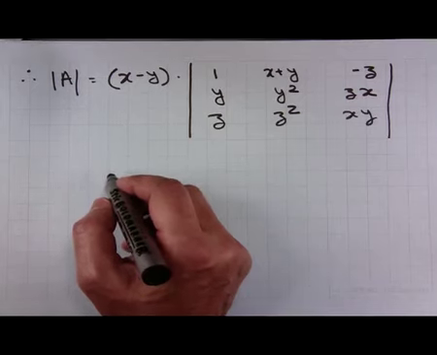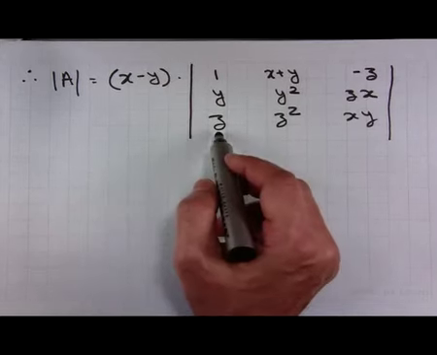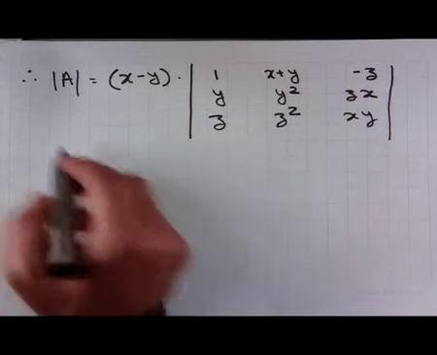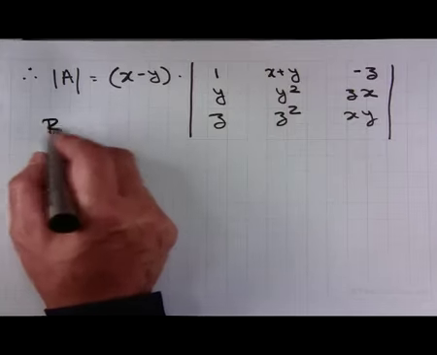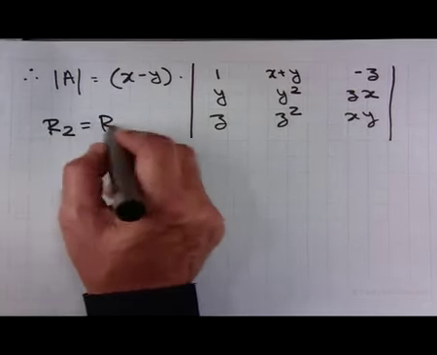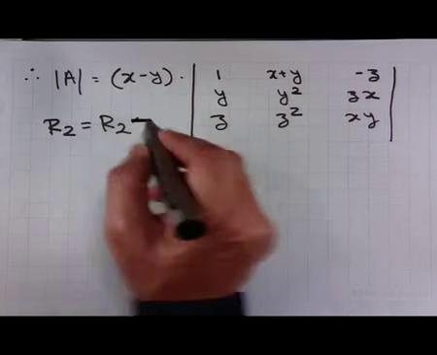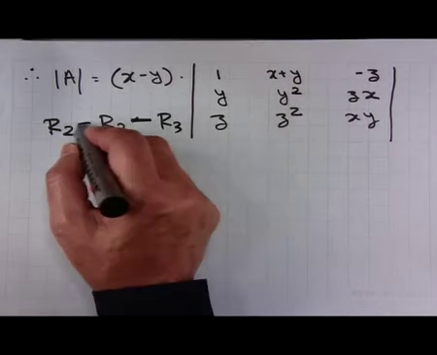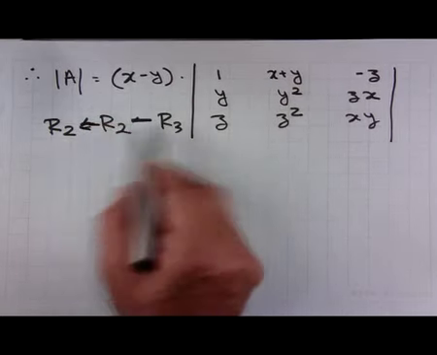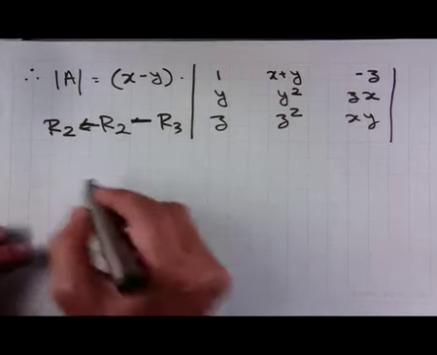Now, in a similar way, I will subtract row 3 from row 2. That means, row 2 minus row 3 now goes to row 2.